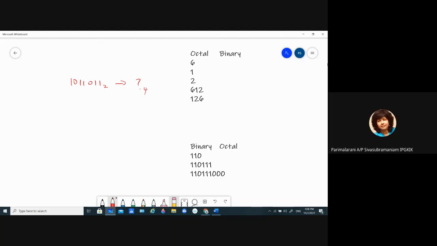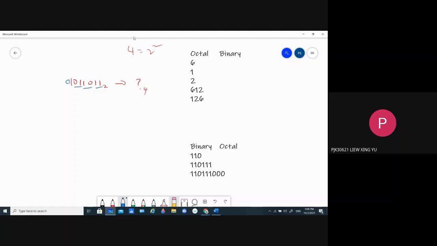Tell me why you can do it first. Because they are base 2 and base 4, because 4 is equal to 2 to the power 2, okay? So how do you do it? What is your first step? Grouping in twos. Twos, very good. So you're going to group this in twos.